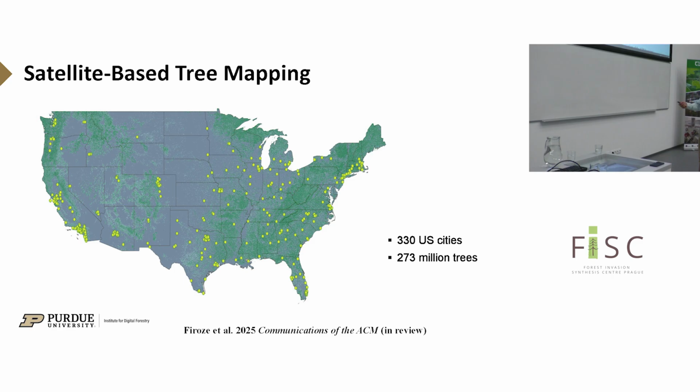We mapped all the trees, right? We counted them. And the AI got trained for about 14 days on a supercomputer. But once that AI has been trained, for the whole entire US, if you give me the data, I can do the tree counting in a single day. One day.